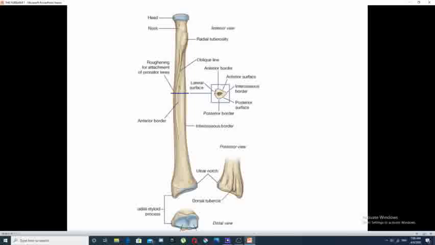It has three borders: anterior border, posterior border, and a medial border, or the interosseous border, which will give attachment for the interosseous membrane, which will fix the radius to the ulna and give it a strong fixation point.